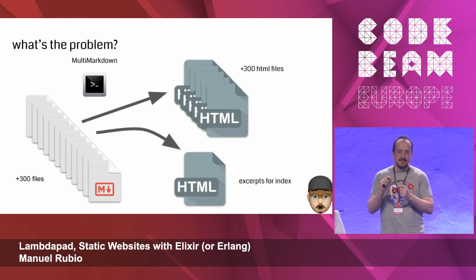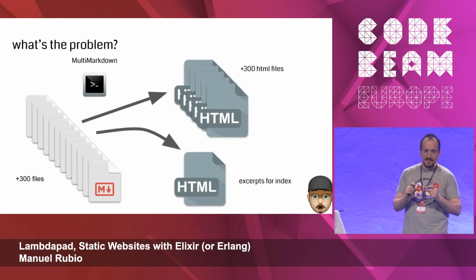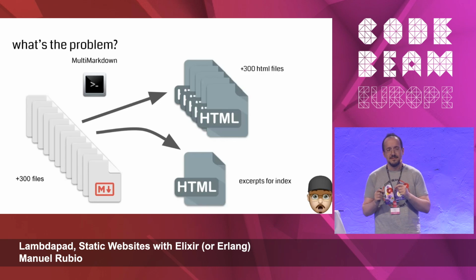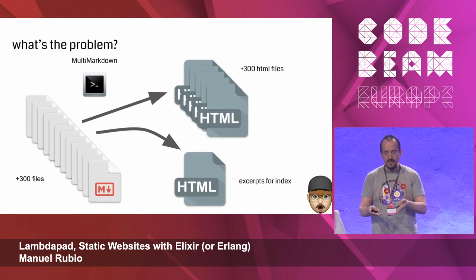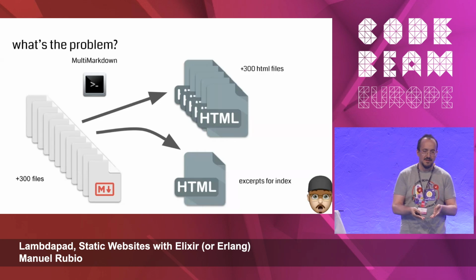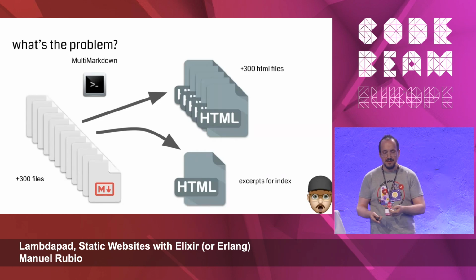But the third multi-markdown has the thing that you cannot do that. You have to do it for the full post and then only for the SERP. So if you have 300 posts, you have to run the shell command 600 times.